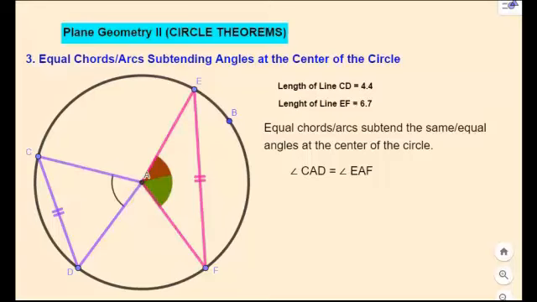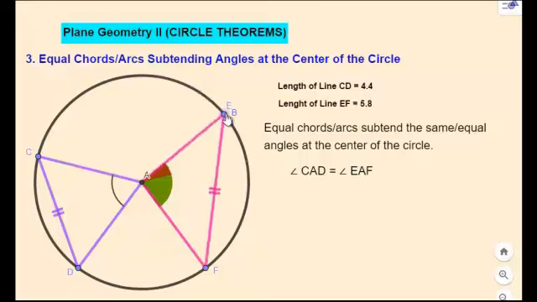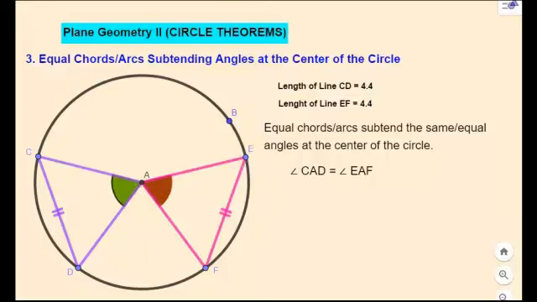That's why the property is saying that the angles would only be the same when the chords are equal in length. When the chords are equal in length, then they may have their angles being the same, as you see on the screen.